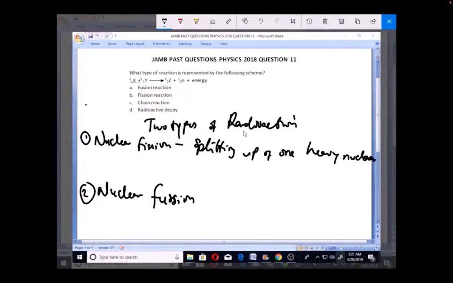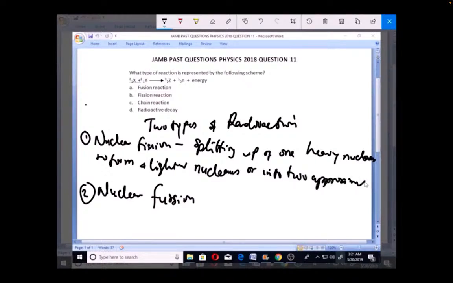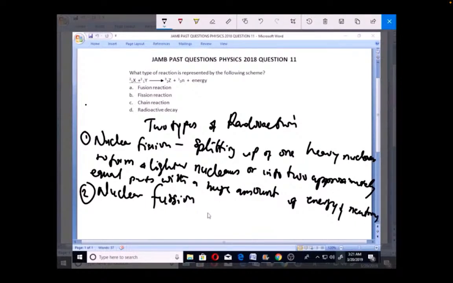When you have one heavy nucleus breaking up to form lighter nuclei, maybe two approximately equal parts, and this breaking is with the release of huge amounts of energy and neutrons, we say that we have nuclear fission.